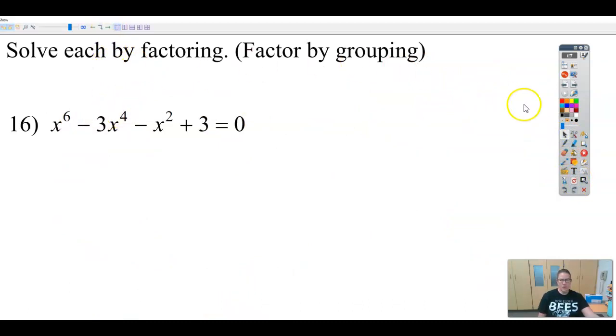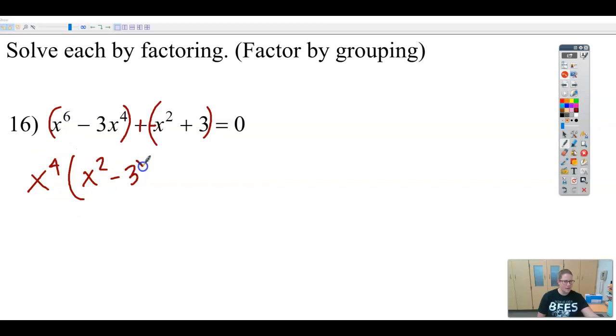So on this one, I'm going to group the first 2 terms. I'm going to group the last 2 terms. Again, there's a negative there instead of a positive, so I need to pull the negative in and turn it into a positive. Now I'm looking for common factors on the first 2 terms, which again would be x to the 4th, which would leave x squared minus 3.